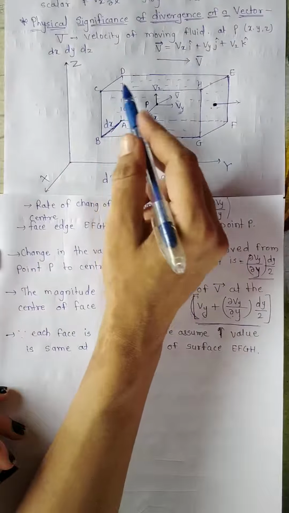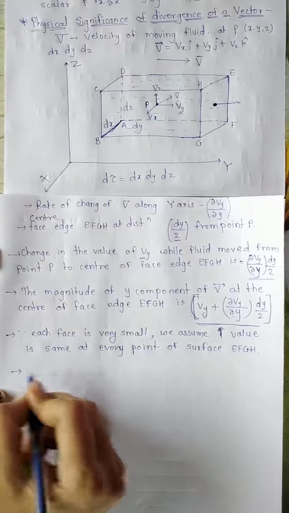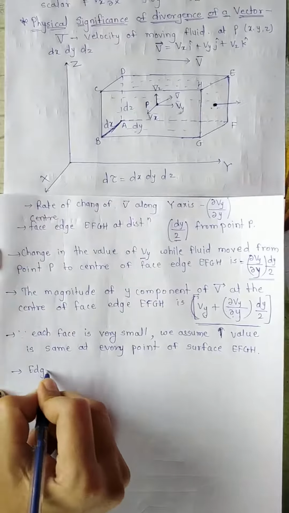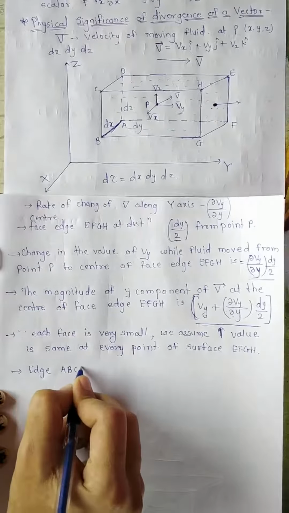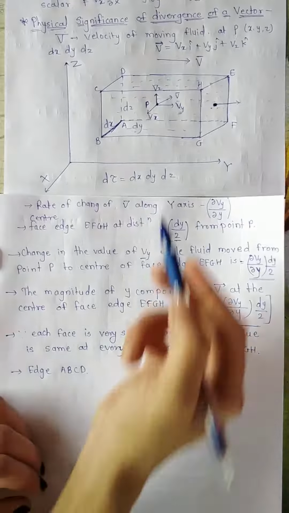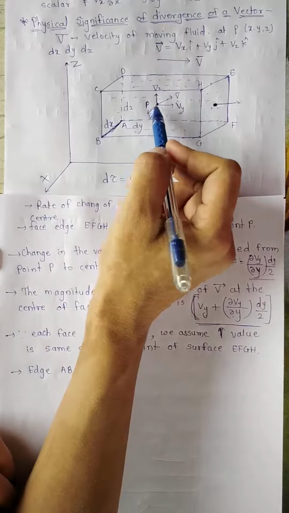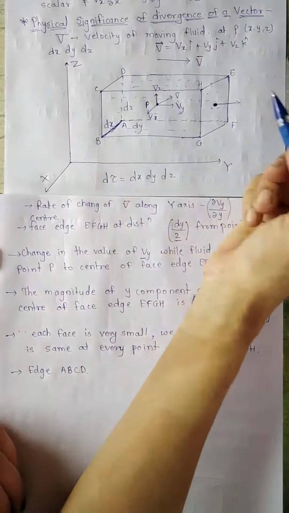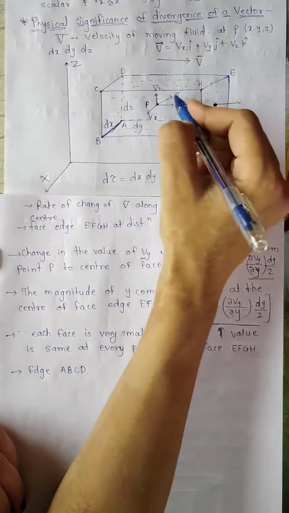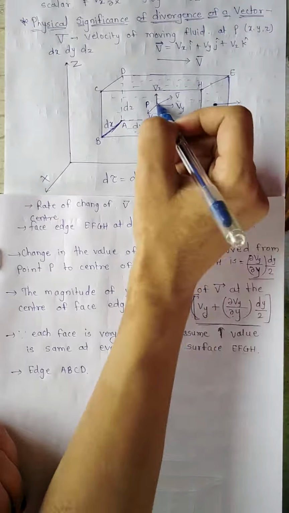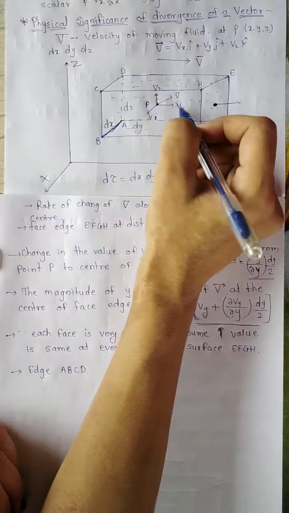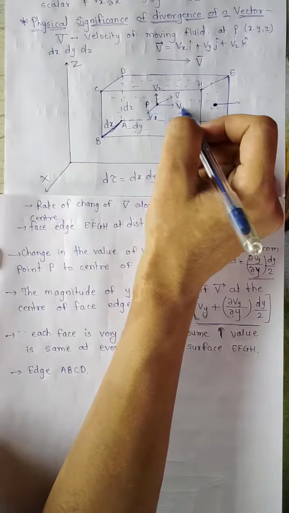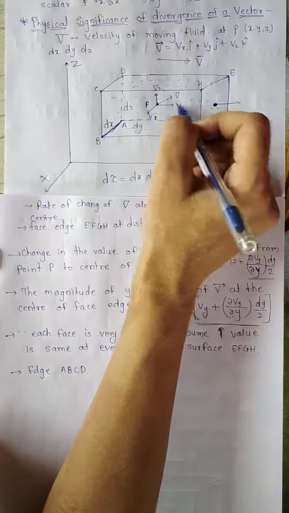will discuss the other edge, which is A, B, C, D. So in case of this edge, since we are considering the point P as the center, and here Vy is the positive Vy.